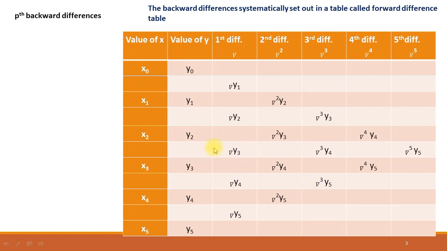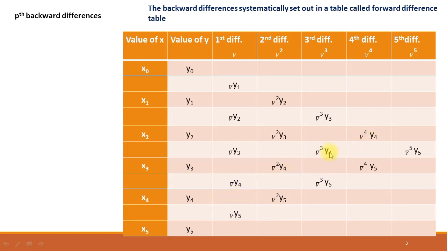But in the Newton backward difference interpolation formula, we take x naught from the end of the table. For example, in the Newton backward differences formula, we take x naught at this second position from the end of the table. Then the value of y naught will be at this second position from the end of the table, and we take the differences at the second position from the end of the table, which lies on the up diagonals.